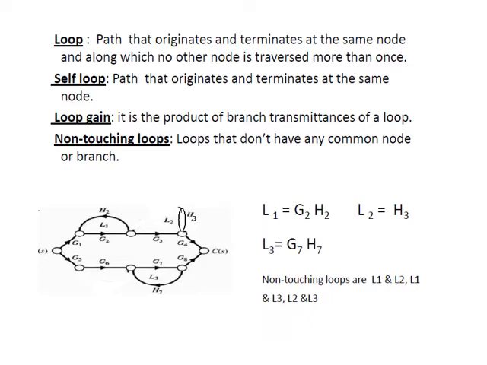It is L3, with a gain G7 into H7. So these are the three loops. A self loop is a path that originates and terminates at the same node. Loop gain is the product of branch transmittances of the loop, which is what you have here: G2 into H2, H3, and G7 into H7.